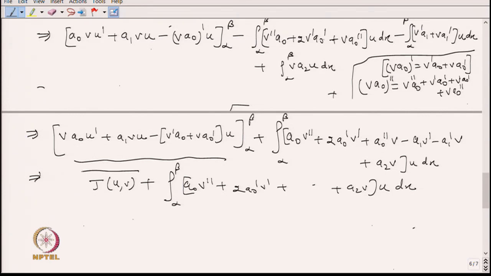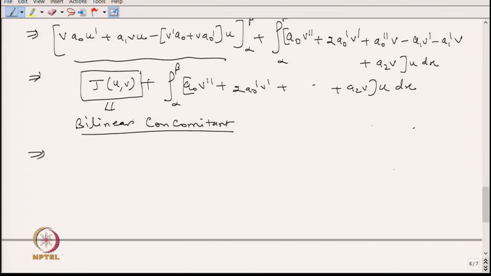This factor written here has a special name, and it is called the bilinear concomitant. Why is it called bilinear? Because it is linear in the functions u and v. So, this is called the bilinear concomitant.